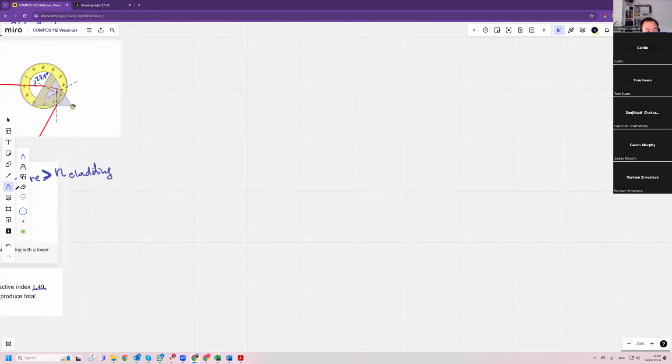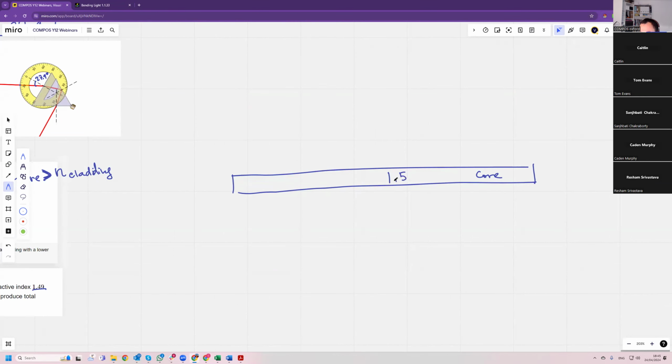So you have the core. Let's say the core has a refractive index of 1.5.